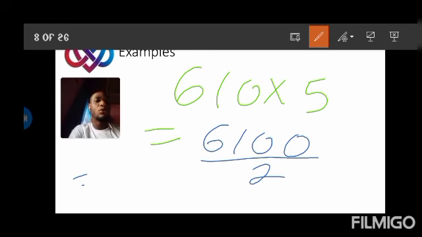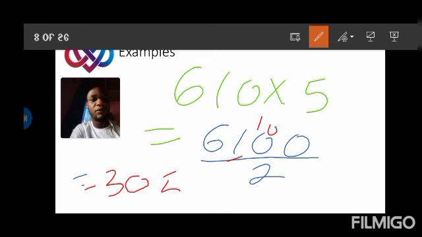Let's go. 2 in 6 is 3, remainder 0. So nothing is remaining, so we move to 1. How many times can 2 go in 1? 0, remainder 1. So you carry that 1 up here, add it to this 0 to make it 10. 2 in 10 is 5. 2 times 5 is 10. 10 minus 10 is 0.